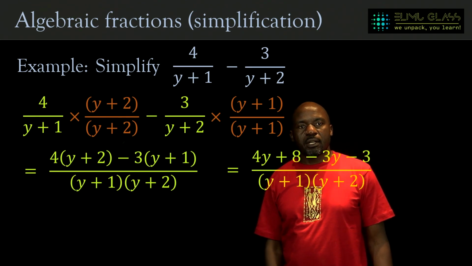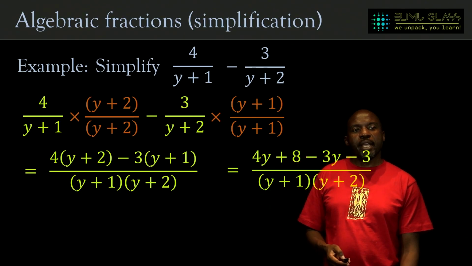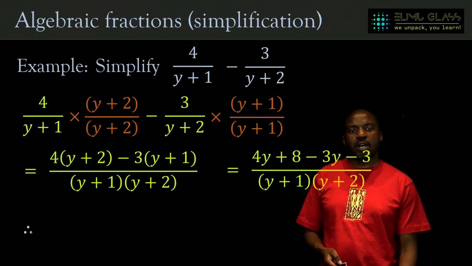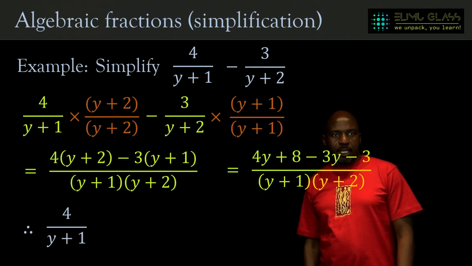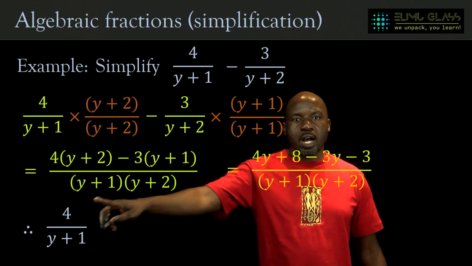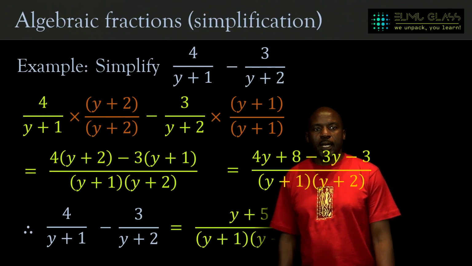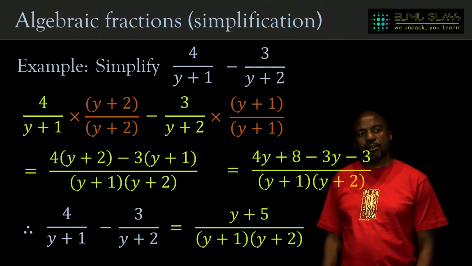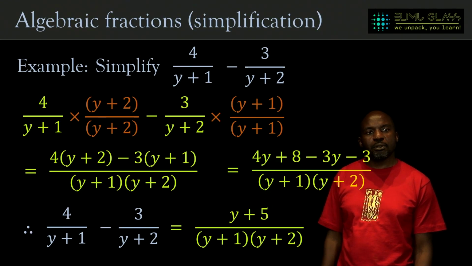So the numerator remains y plus 5, and the denominator remains those two fractions like that. So I can express my answer as, why am I getting, that cannot be 4 because this is y. That cannot be the answer. Okay, so that gives me y plus 5 over that, and that is my answer.